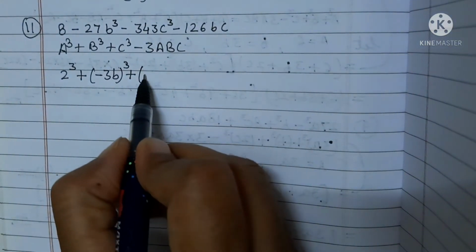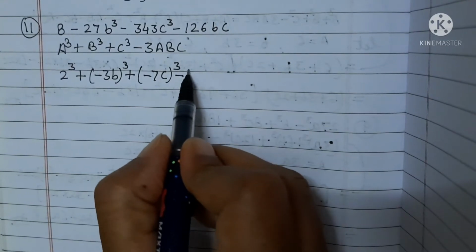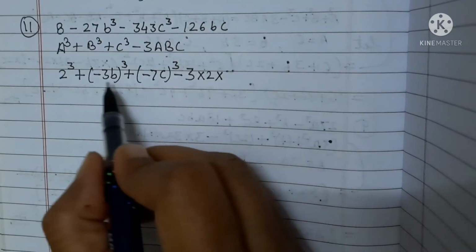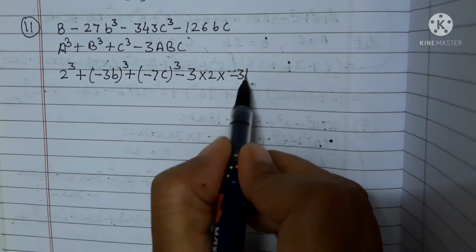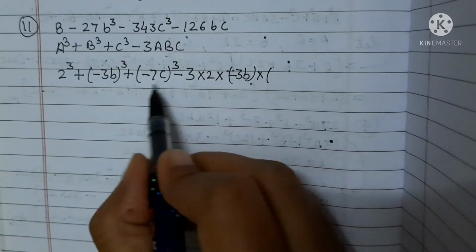So in the bracket minus 7c whole cube, minus 3a means 2, b means minus 3b and c means minus 7c.